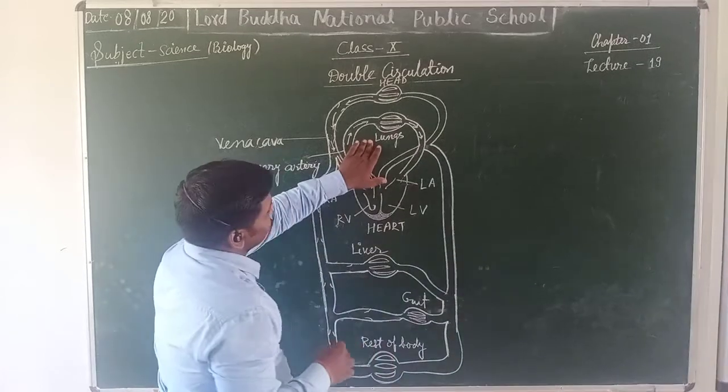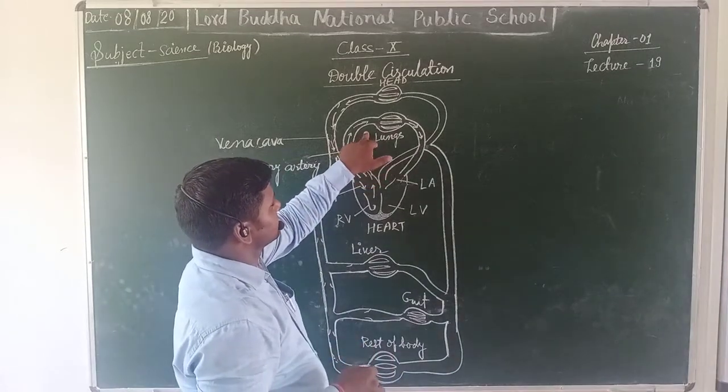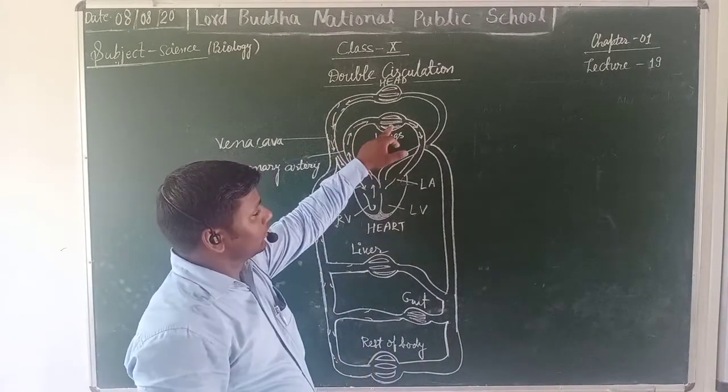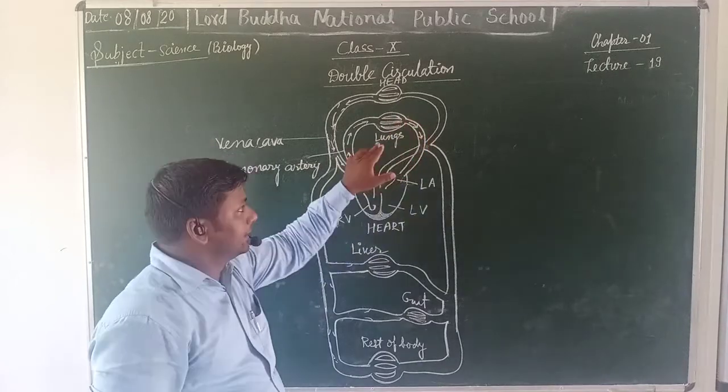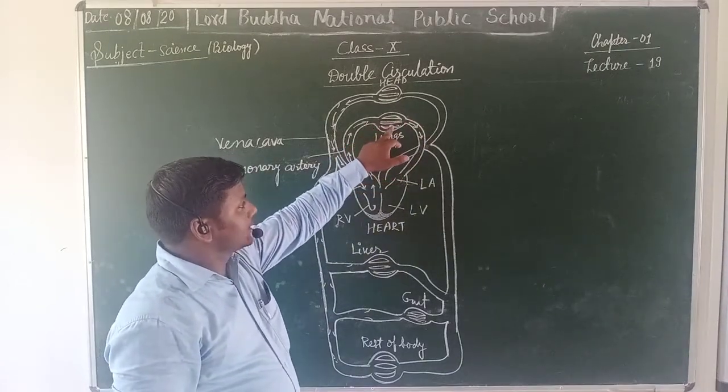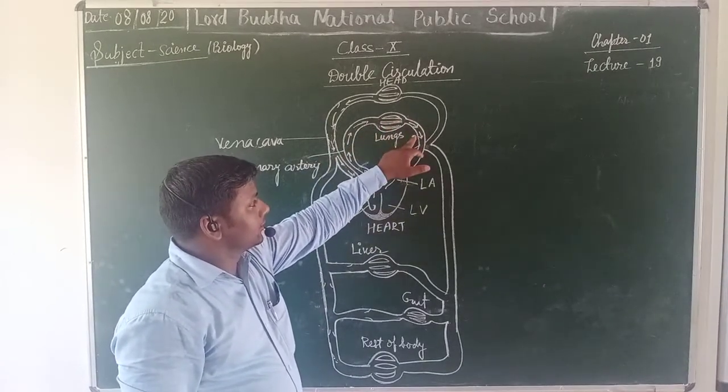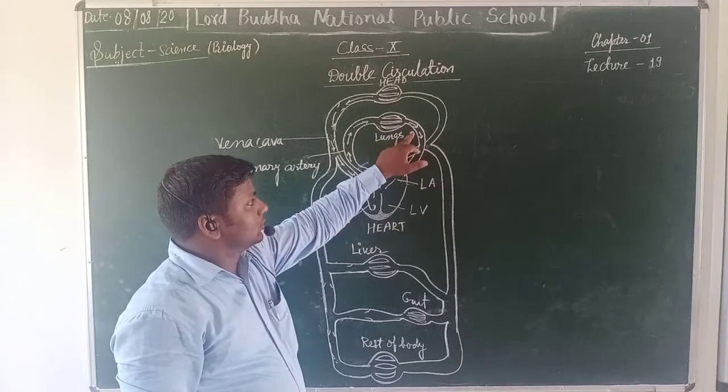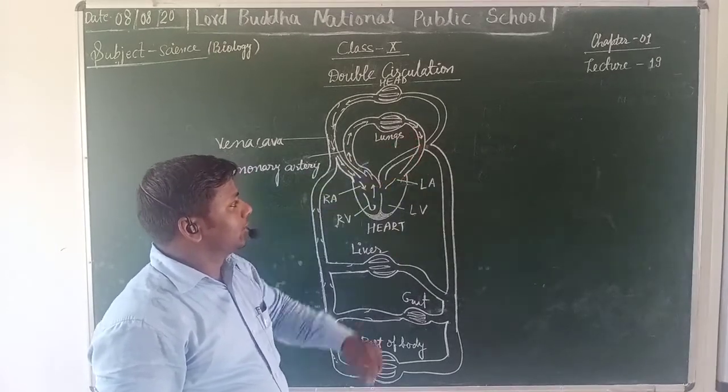After the exchange of gases, the alveoli of the lungs take in the oxygen and release the carbon dioxide to oxygenate the blood.